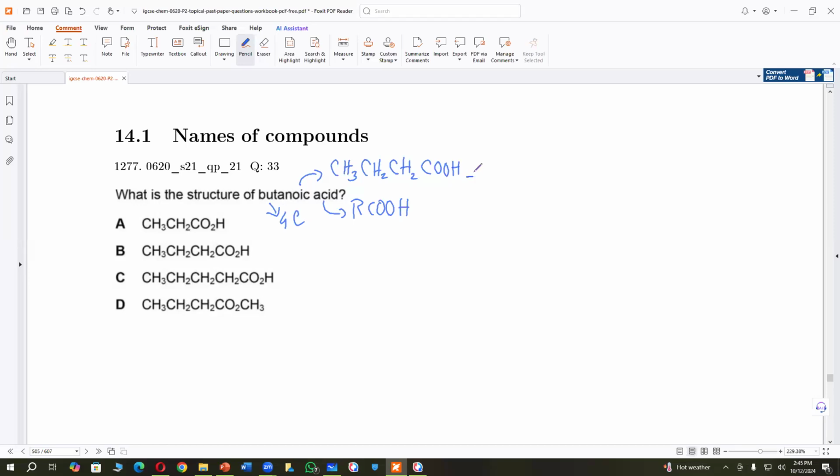Can you hear me? Yes. How do I know that I have to put 4 carbon? Because but means 4. Meth, methane, ethane, propane, butane, like this.